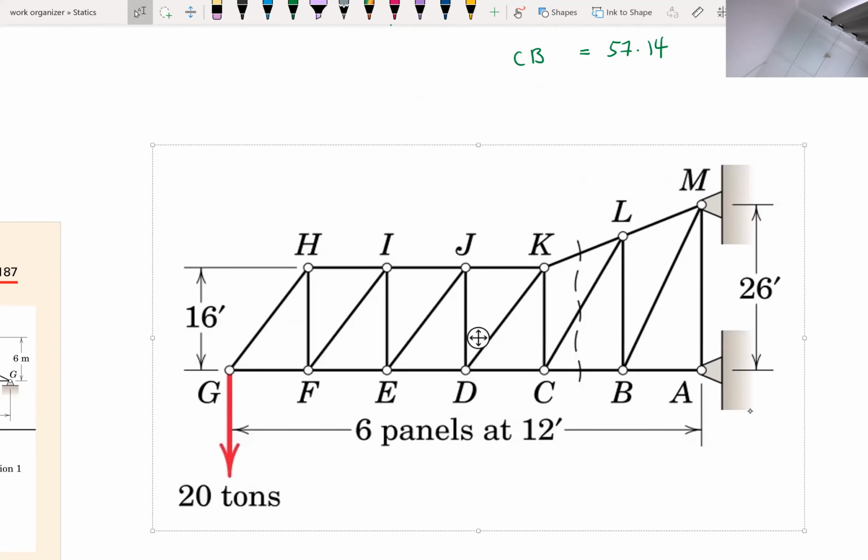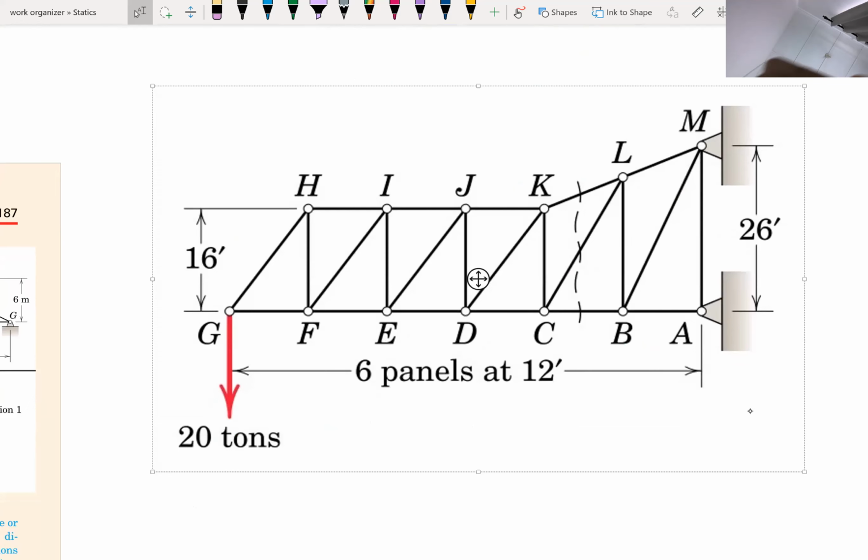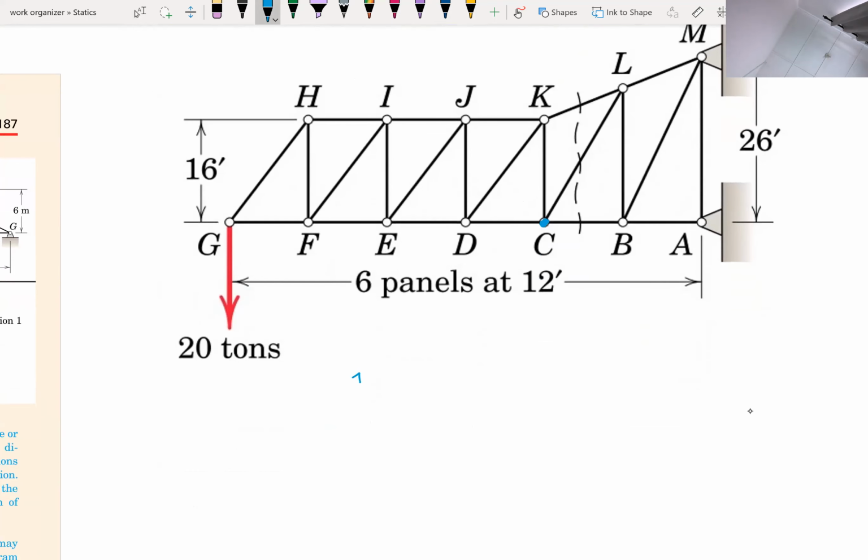Next we are going to calculate the moment at C. Summation of moment at C equal to 0. We have to determine what forces we have to calculate. FD for moment, this one we have to calculate.